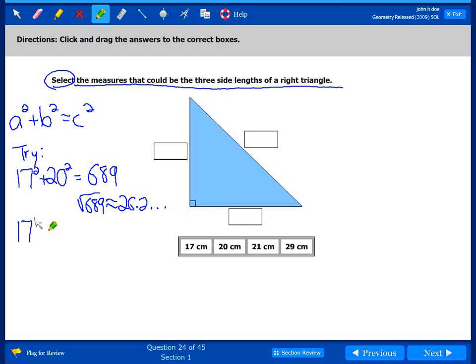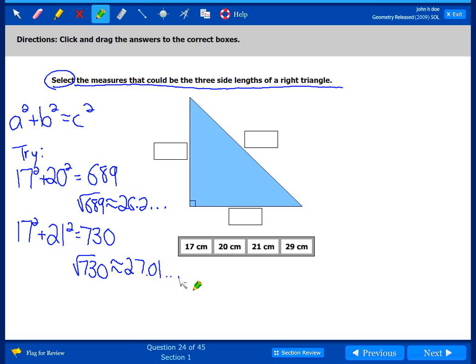Let's try 17 squared plus 21 squared. This gets us 730. The square root of 730 is 27.01, and it goes on forever.